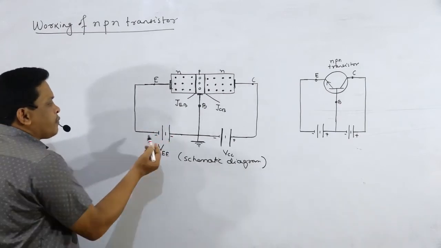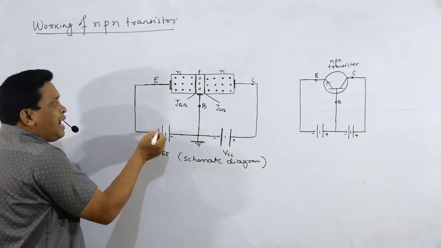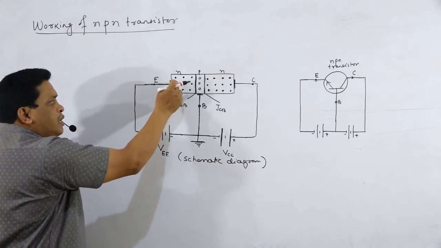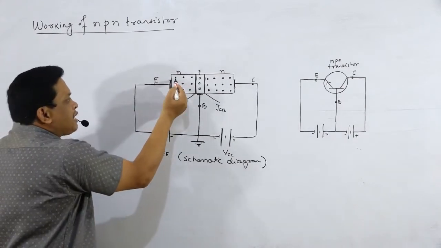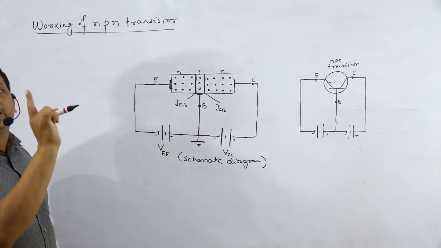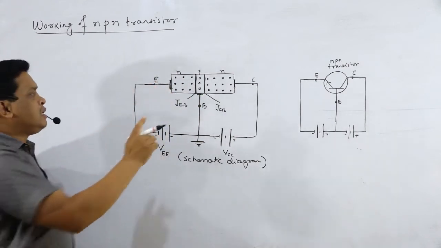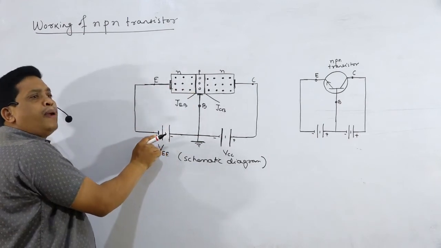Now look here. This is the negative terminal of the battery. In the N-type emitter, the free electrons, which are negatively charged particles, are the majority charge carriers. And this is the negative terminal of the battery.